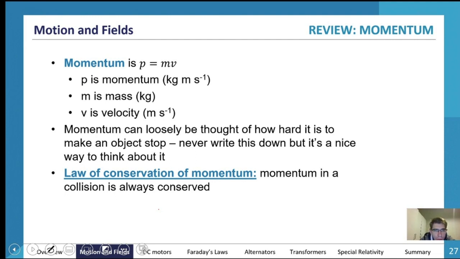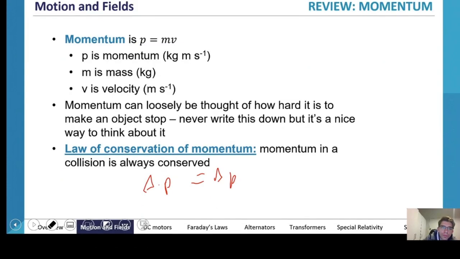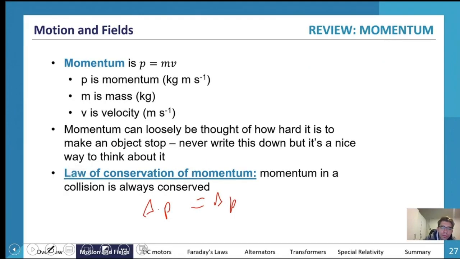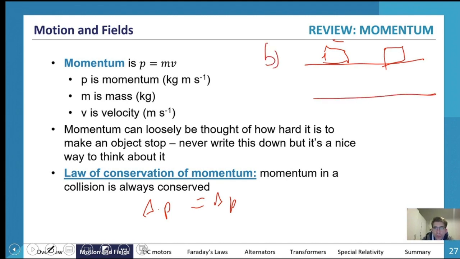According to the law of conservation of momentum, it means that momentum before collision equals the total momentum after collision. I would highly recommend you guys to draw graphs. So what happens before collision? One object goes towards the other.